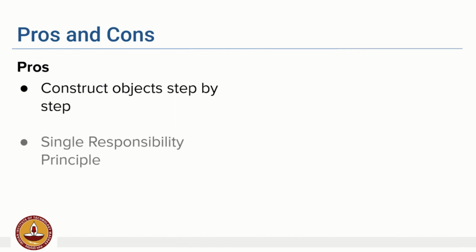And the other advantage is that it follows the single responsibility principle of separating the task of object creation with other responsibilities, right? So the builder class takes care of building the object, and the actual object now can focus on other aspects required of that class.